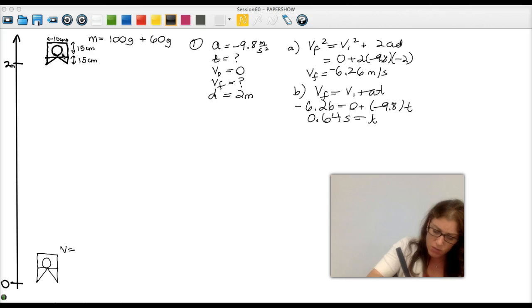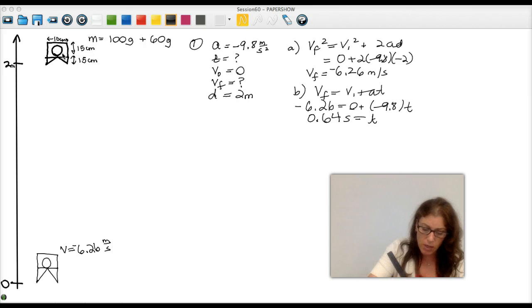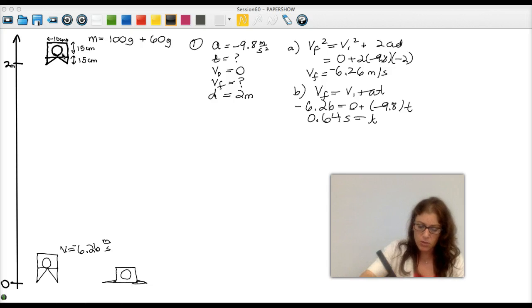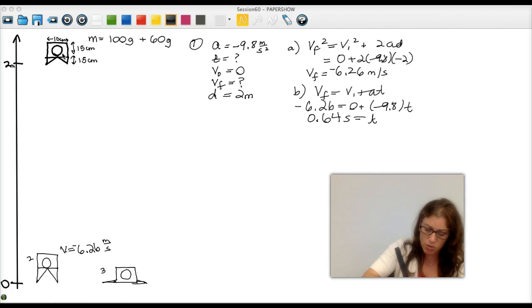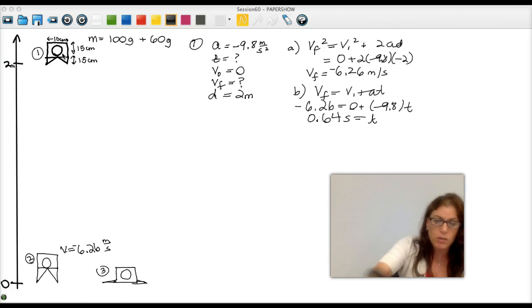Now we know that this velocity is negative 6.26 meters per second. So from this point down to the third stage where the pieces look kind of like this, all squished out to the side. This is position 2 and this is position 3 and this was position 1.